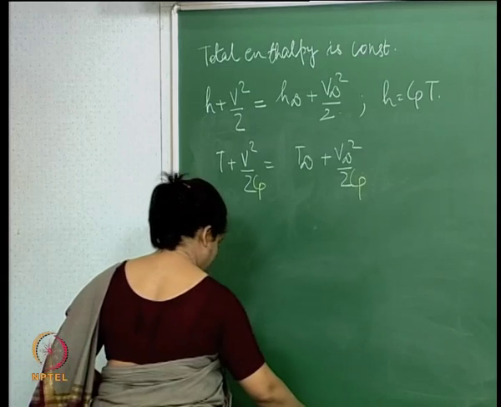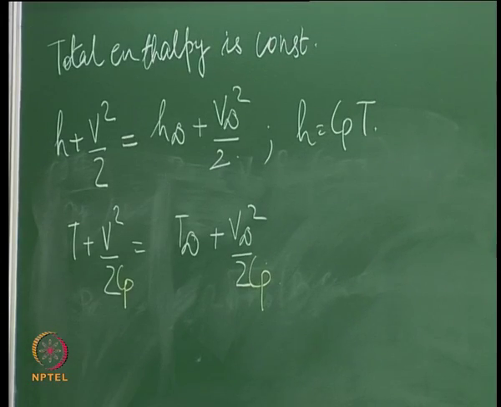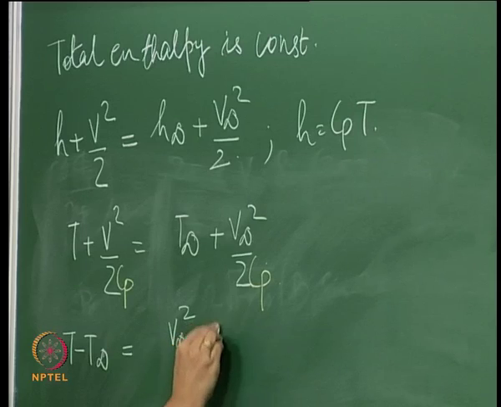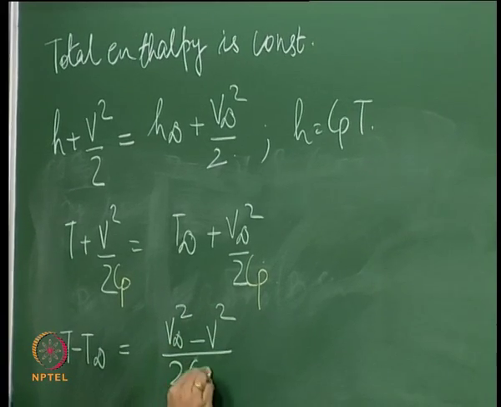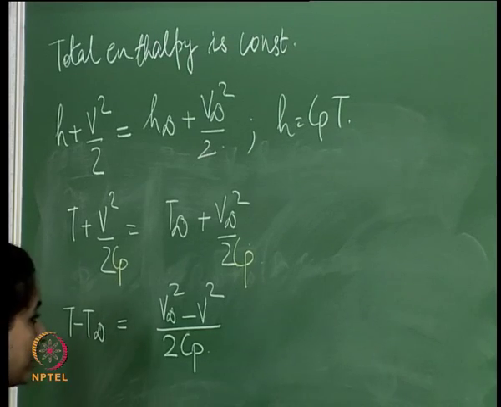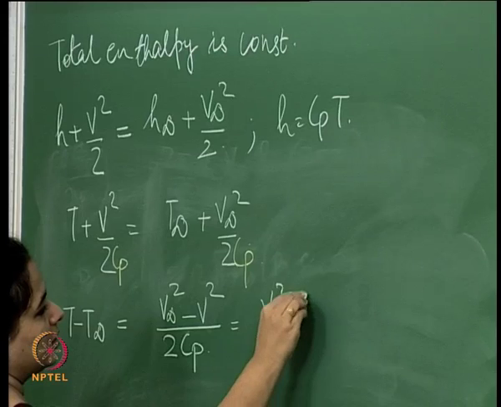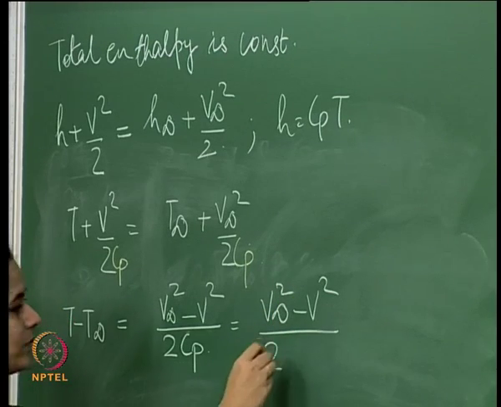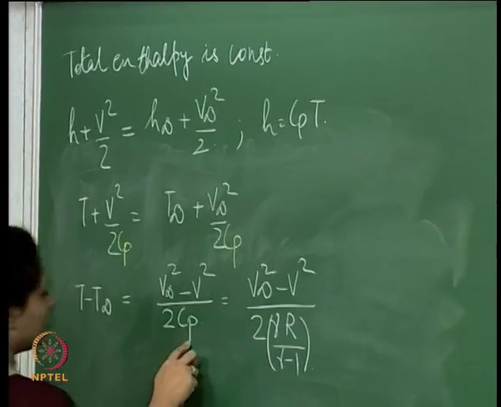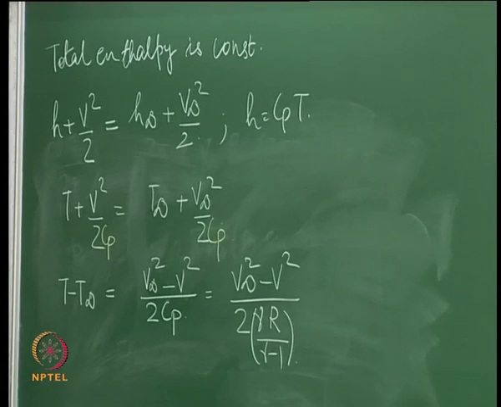Right, this is what I get, and again, okay, so again what we get over here is T minus T infinity is equal to two into Cp, right? Now this Cp again can be written in terms of the gas constant and gamma. So therefore this again I can write as, right, this is my Cp here if I write it in this term, right.